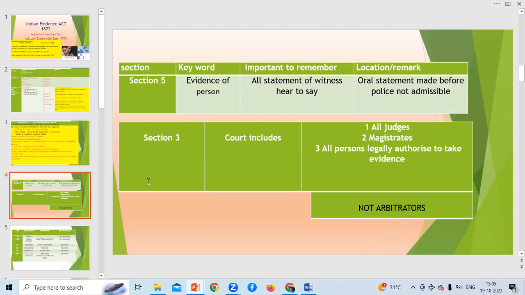So I just added this. It was asked in one question as court includes all judges, magistrates, all persons legally authorized to take evidence, but it will not include arbitrators. So court will not include arbitrators. Section 3 says that.